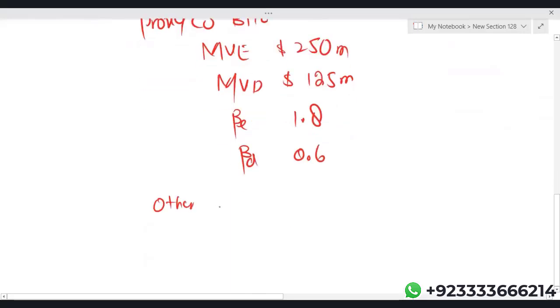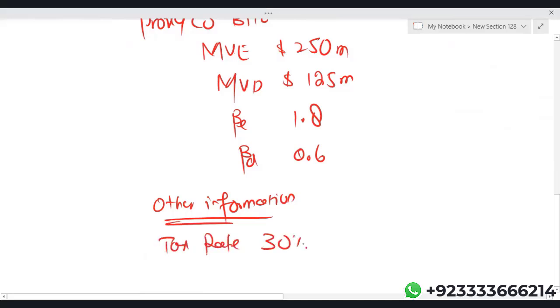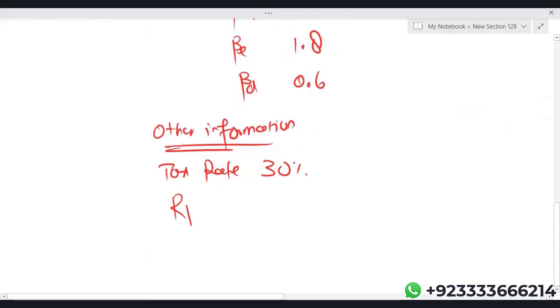Other information: tax rate is 30%, RF is 4%, equity risk premium is also 4%.